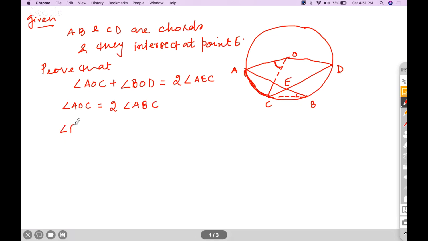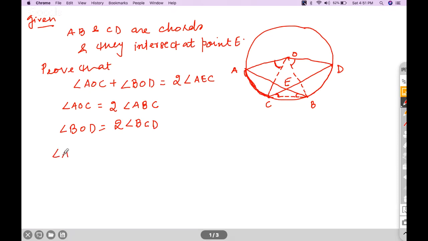And angle BOD would be equal to, you look at here, when I talk about BOD, so let me draw a line here, BOD, and I am talking about arc BD, and arc BD will make 2 times angle. The same arc BD is making this angle 2 times BCD.